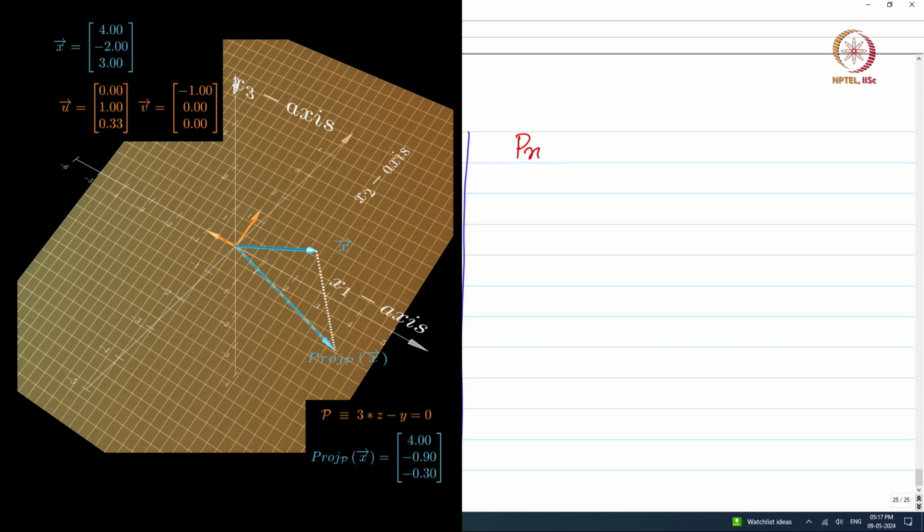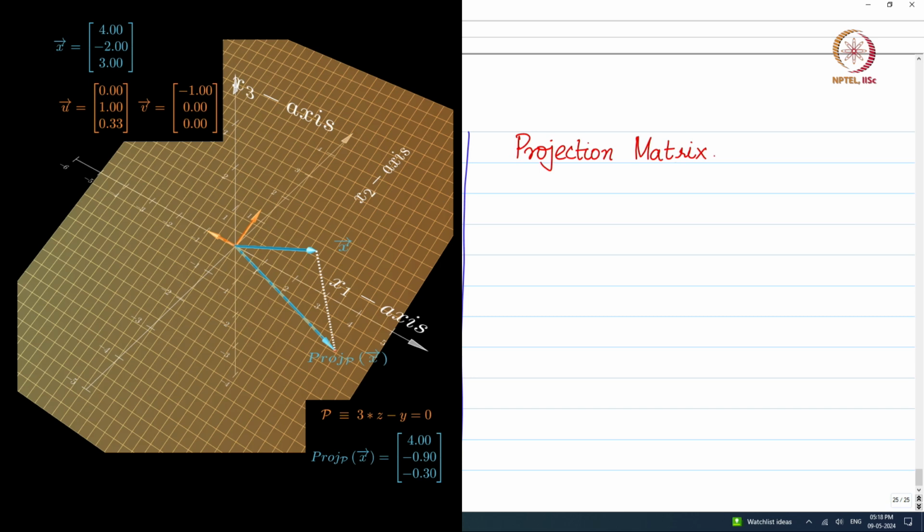How do we find the projection matrix? That is easy to do. It is the same thing. Now you have orthogonal vectors.